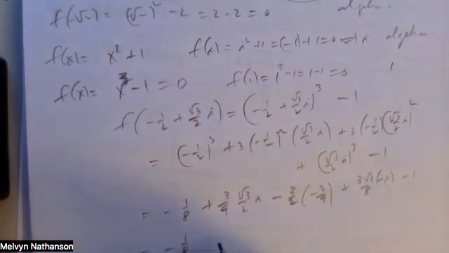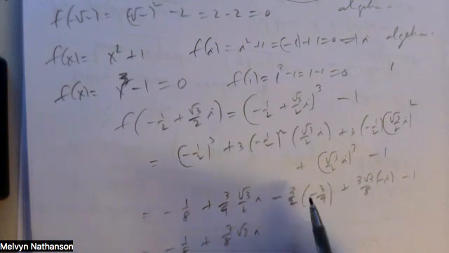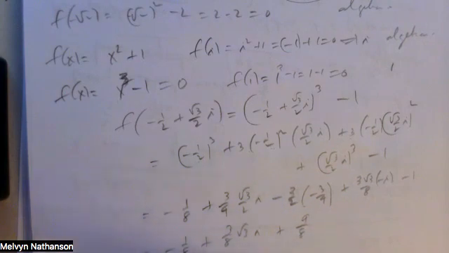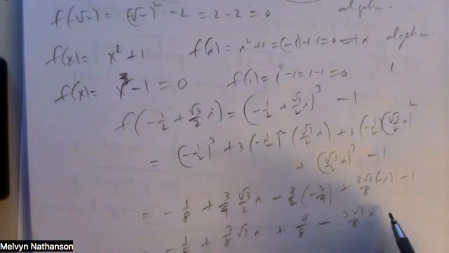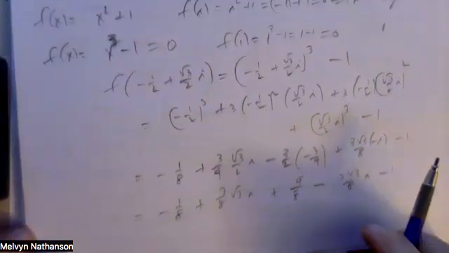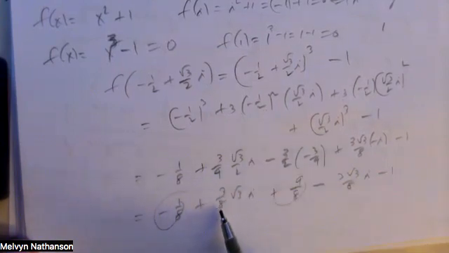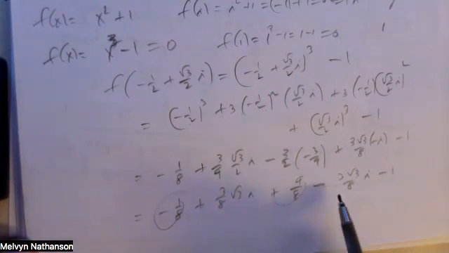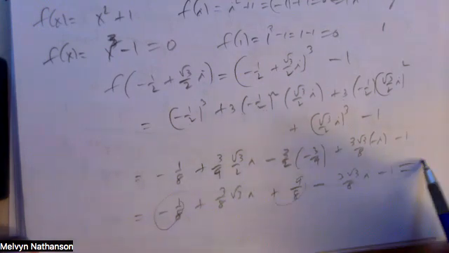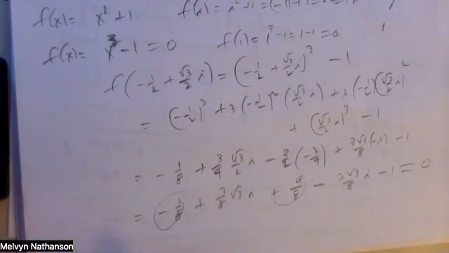This is minus an eighth, plus 3/8 root 3 i, plus 9/8, minus 3 root 3 over 8 i, minus 1. Minus an eighth plus 9/8 is 1, minus 1 is 0. 3 over 8 root 3 i minus 3 over 8 root 3 i is 0. This is 0.